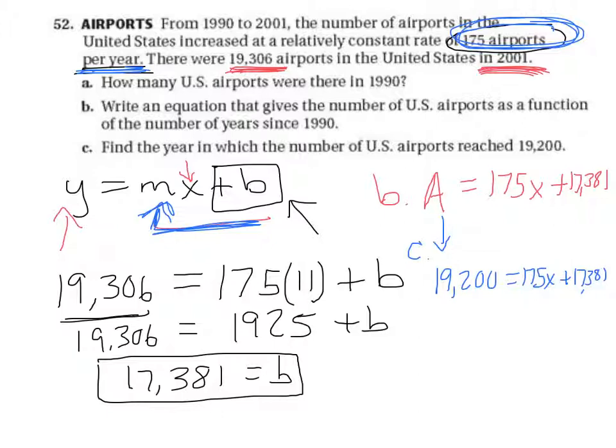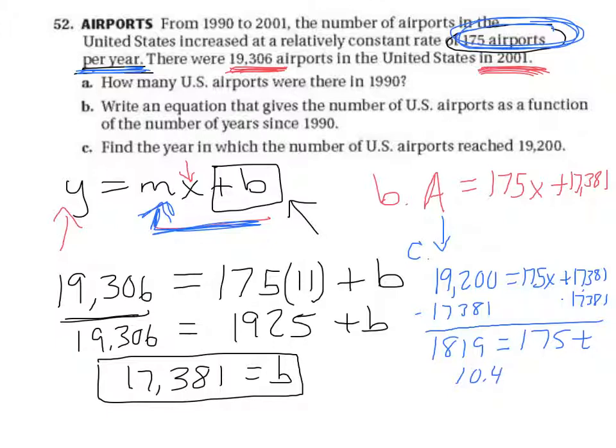To try to isolate x, it looks like we would subtract 17,381 from both sides. And we've got 1819 equals 175t. And we divide both sides by 175, and you'll end up with t equals 10.4.